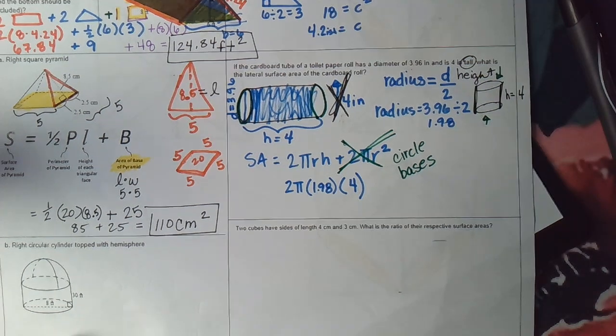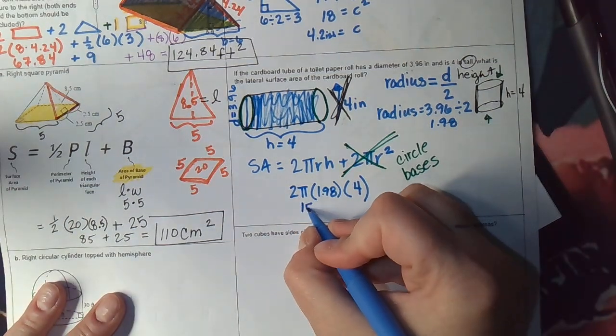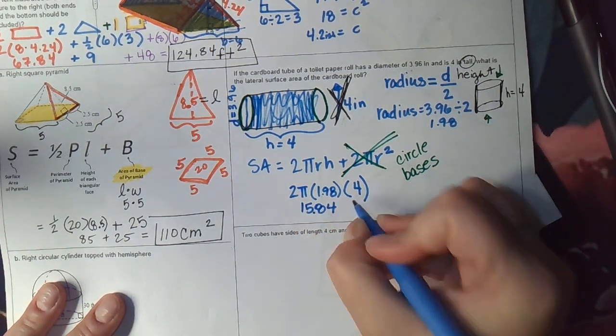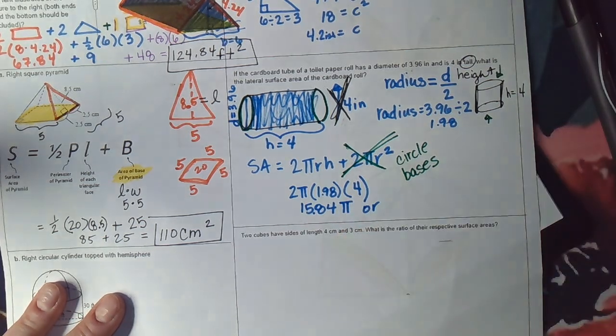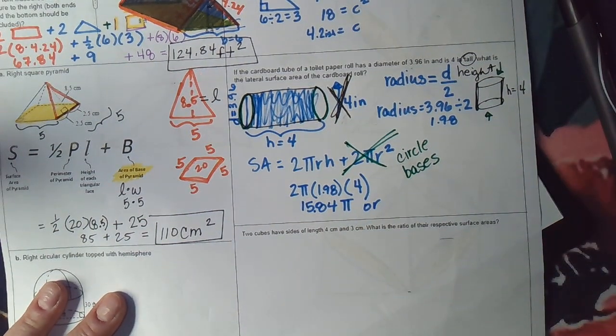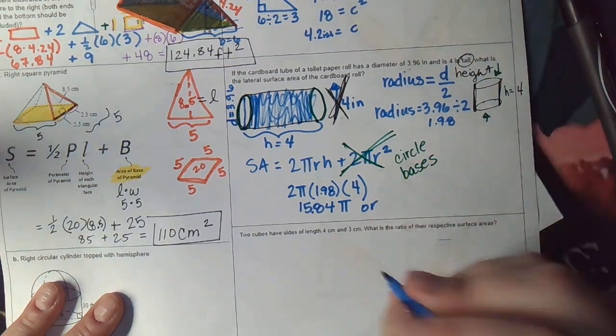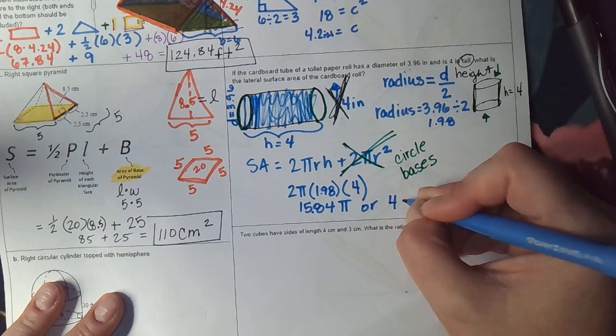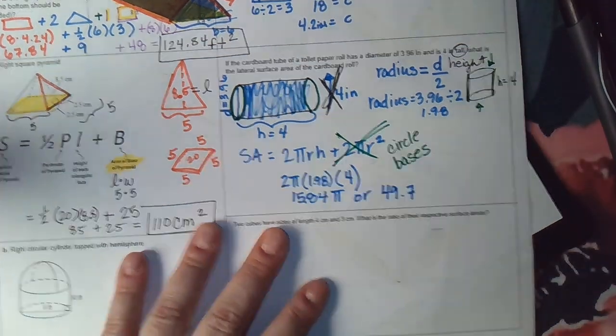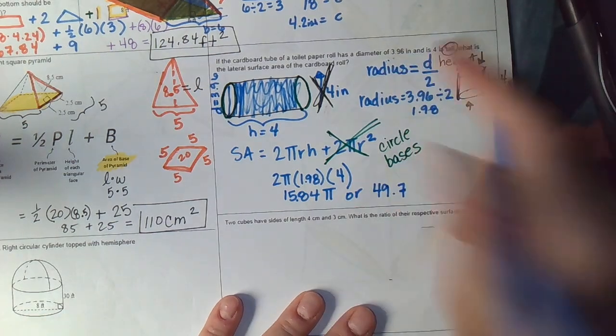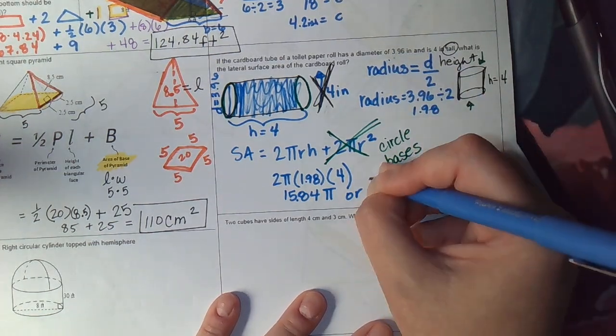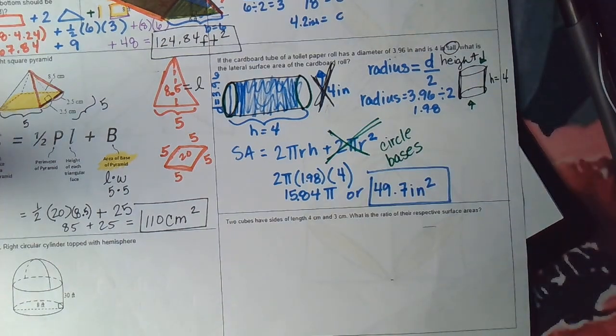Now let's multiply all the numbers together. And I get 15.84 pi. Or if they tell you to use 3.14, it's about 49.7. And you're going to see what they want you to round to. And we are in inches, and we're still talking about area, so it's squared. So there's 49.7 square inches on this toilet paper roll.